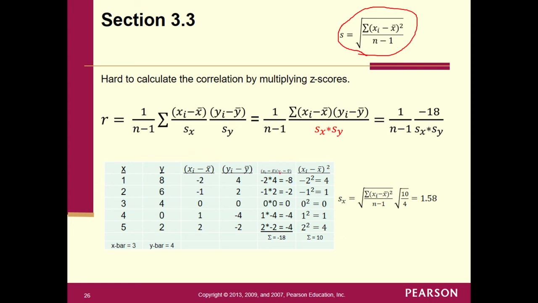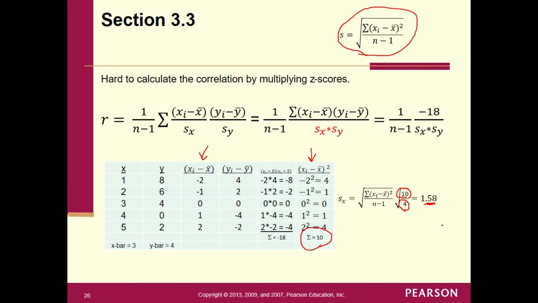And so notice that here are the deviations already. And so what do we got to do? We got to square the deviations, what I've done there, okay? And it turns out that the numerator is 10. So we have 10 divided by 4 because we have an n of 5.